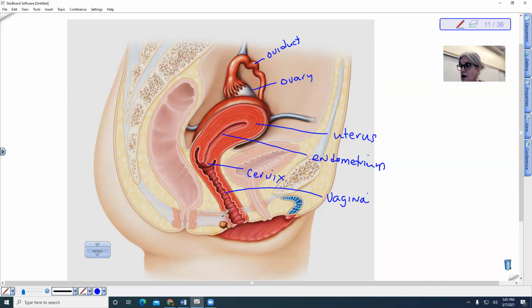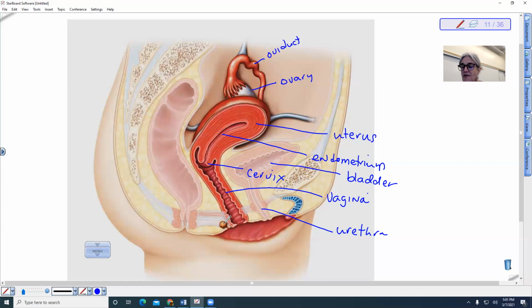So this would be the vagina. You'll notice that there are two separate openings. So this is actually my bladder. So this is a female's bladder, and then this is her urethra. Notice that that is anterior. So this is where the urine comes out. This is the opening. This is actually the rectum. And so this would be the anus.